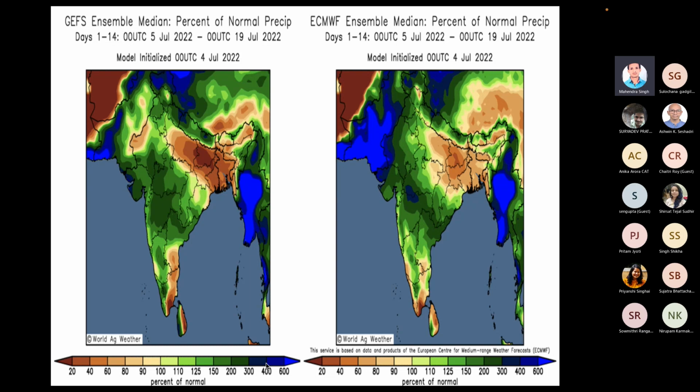And the difference is GFS is showing a large negative anomaly over the, I would say, eastern Indo-Gangetic Plain and Bangladesh, while the European Center shows somewhat milder anomaly. So that's the only difference. Otherwise, they both say right in the central India, the rainfall continue to be above normal for the next up to 20th July. Okay.